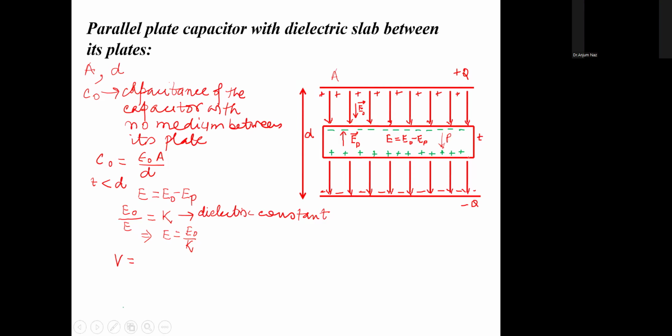So potential difference, we know that potential difference is E times D. So for the space of thickness D minus T, field is E naught, and for the dielectric of thickness T, field is E. So potential difference between the plates after introducing the dielectric slab is E naught (D minus T) plus ET.